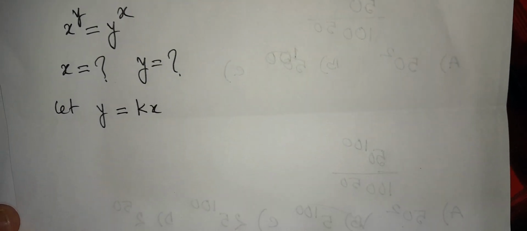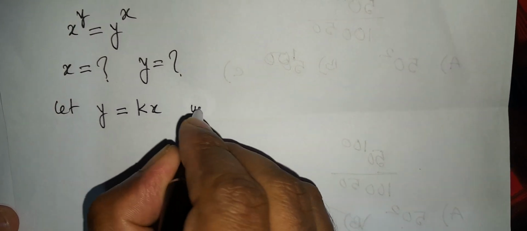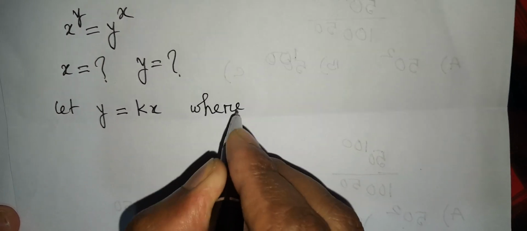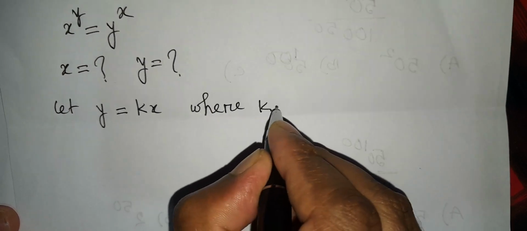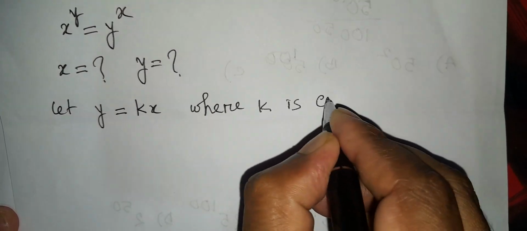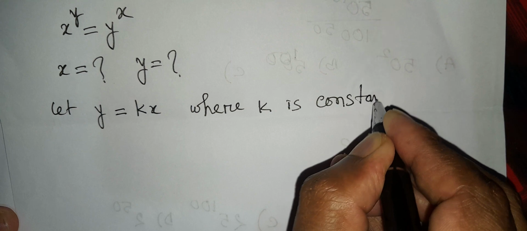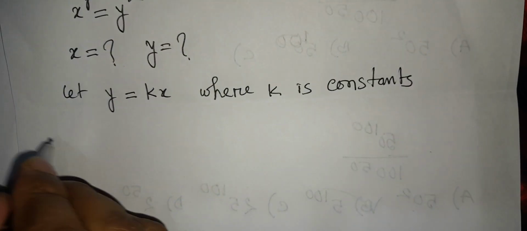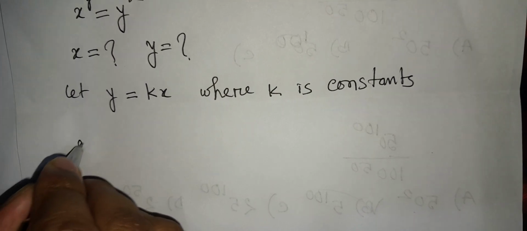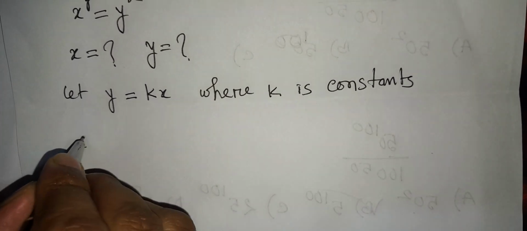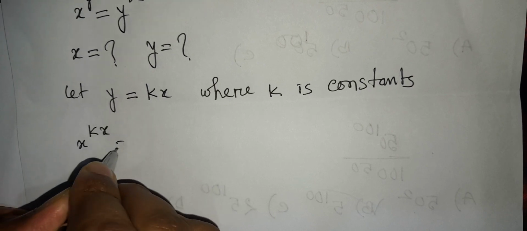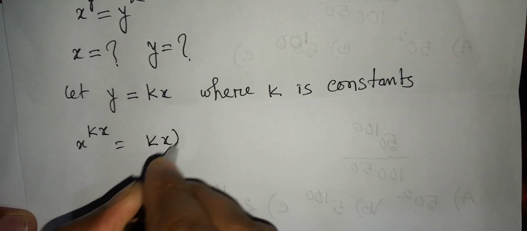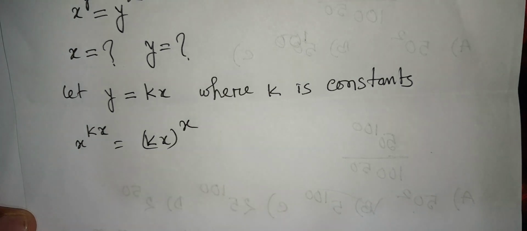Let y equal to kx, okay, where k is constant. Okay, now we can write x to the power kx equal to kx all to the power x.